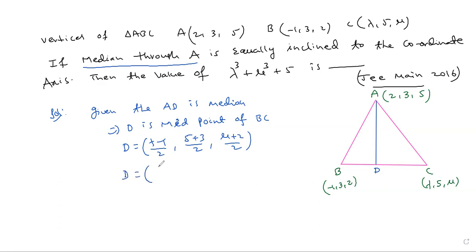So D point is ((lambda minus 1)/2, 8/2, (mu plus 2)/2), that is, 4.